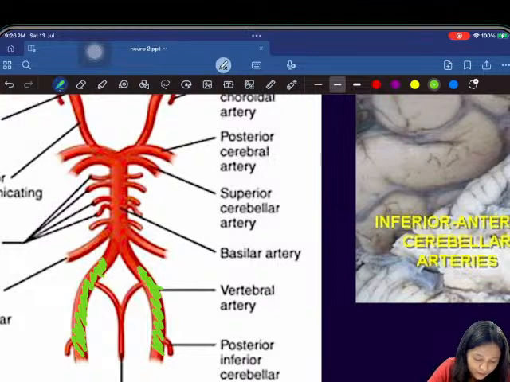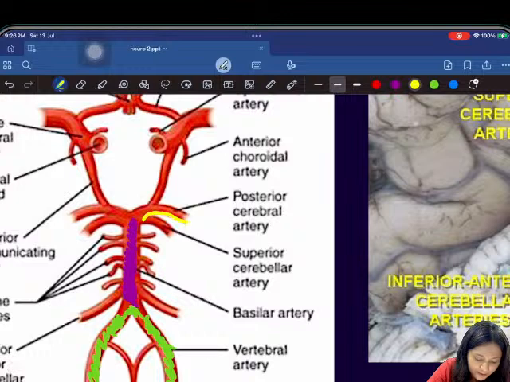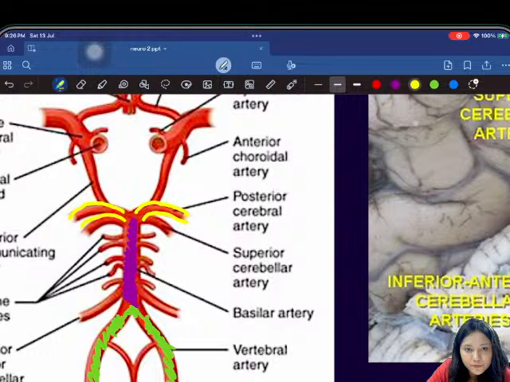Okay, there are two vertebral arteries. They will join to form the basilar artery. Okay, now the basilar artery is giving a branch, that is the posterior cerebral artery. Now you always try to remember that this is from the vertebrobasilar system, the posterior cerebral artery.